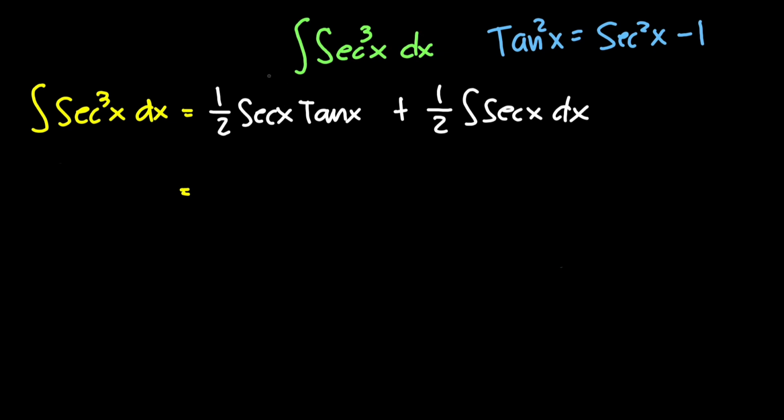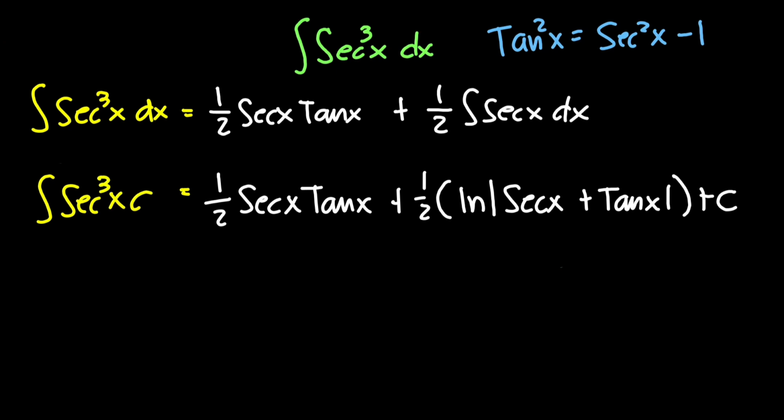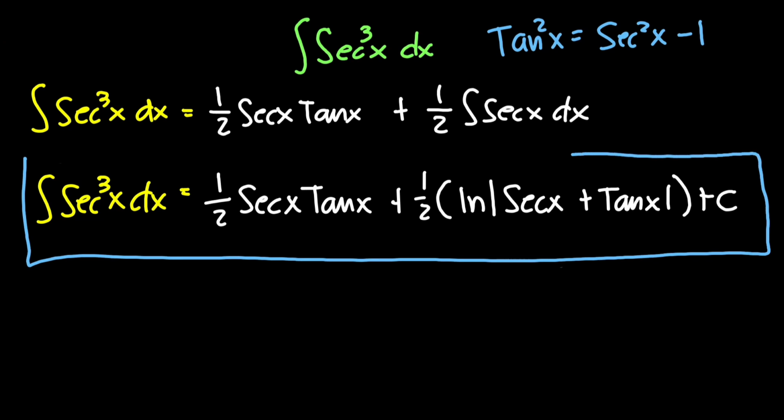So this would be 1/2 secant of x multiplied by tangent of x plus 1/2 multiplied by the integral of secant of x dx, which would be equal to the natural log of the absolute value of secant of x plus tangent of x, plus c. So this is also equal to the integral of secant cube of x dx. And now this would be your final answer on the integral of this.